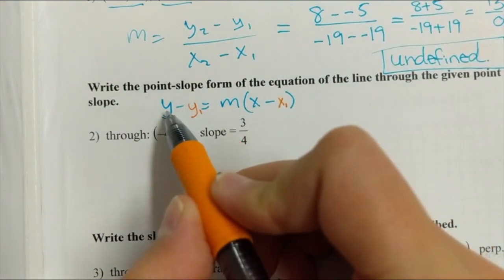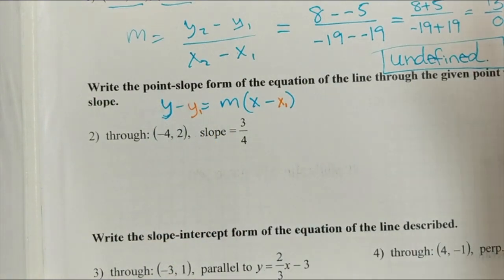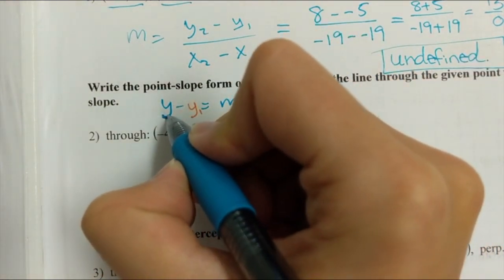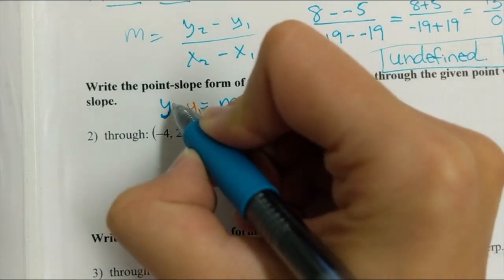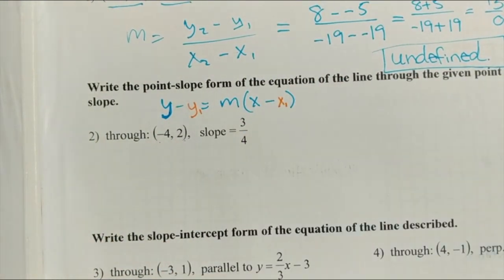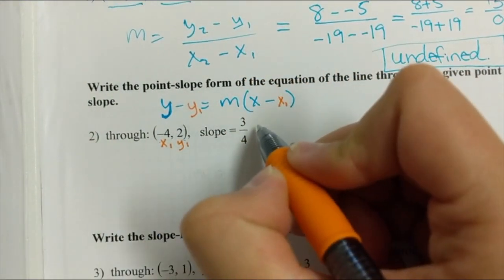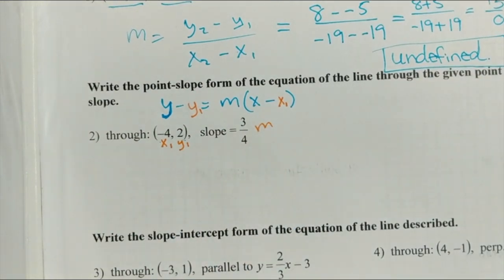So y and x is where you have your input and your output. So we do not replace this y and this x with the point. We replace x1, y1 with our point, and then of course our slope is m.